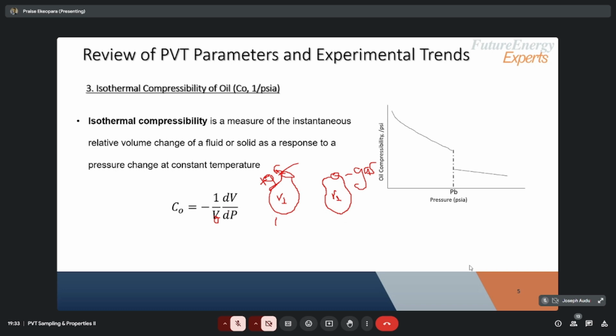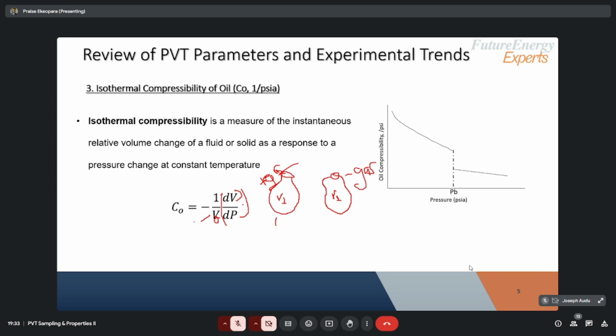This VO you are seeing here is the volume of the fluid, while this one measures the volume change, and this one measures the pressure. Both of them are just like the slope, right? So this slope is what helps us measure the change in volume with respect to the pressure, right?